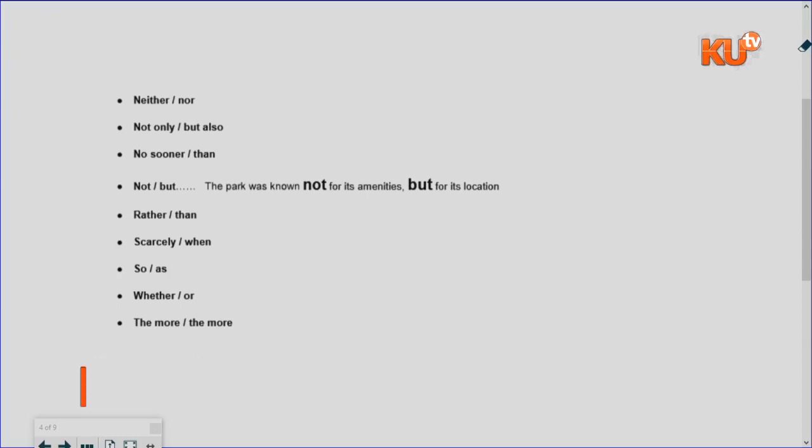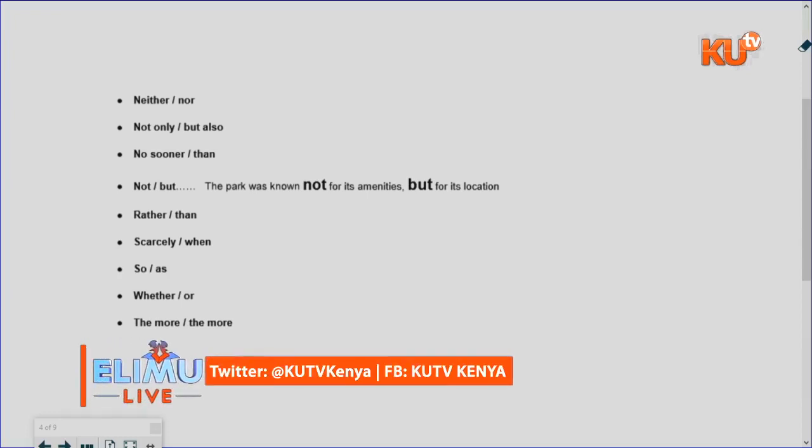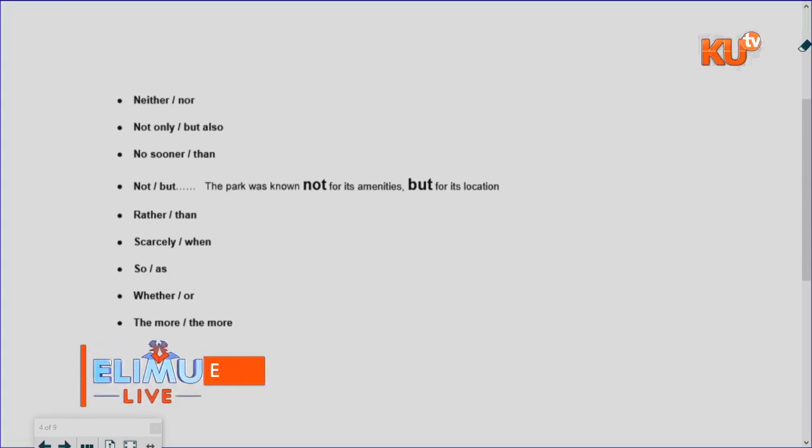I want to give an example because it is not very common. The more I study, the more I pass. The more I don't study, the more I fail. So it's also a very interesting one.